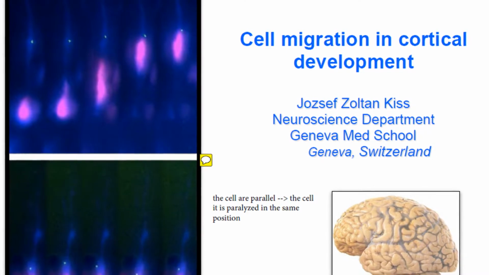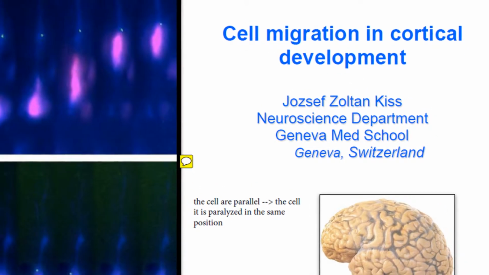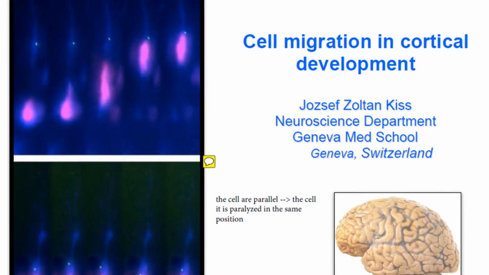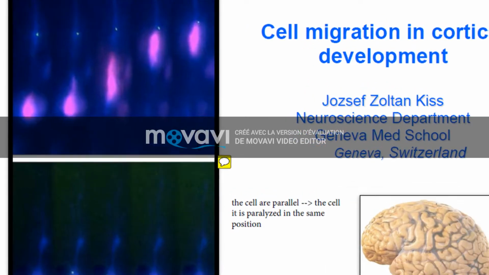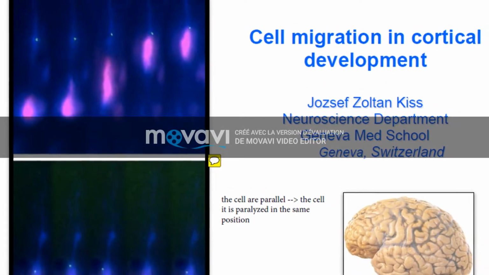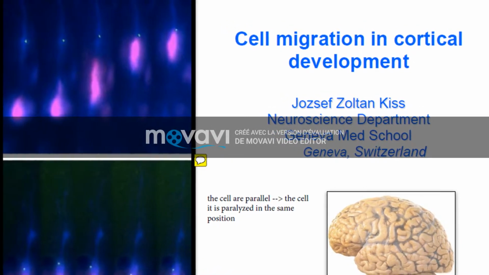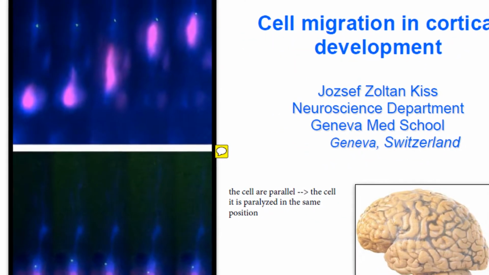Because reelin is there. Not only does it polarize these cells, but the reelin concentration also attracts these cells towards the surface. So they absolutely don't want to turn back. They are attracted. The growth cone is capturing these messages that, okay, move in that direction. And this is what is completely disturbed in the reeler.